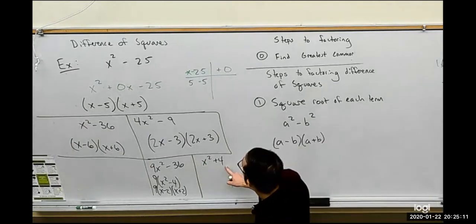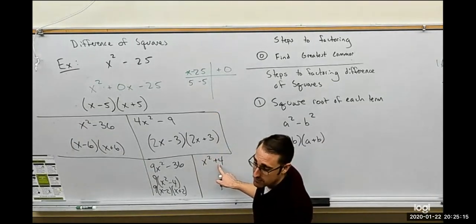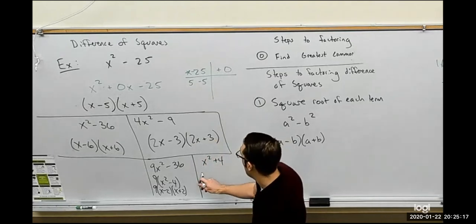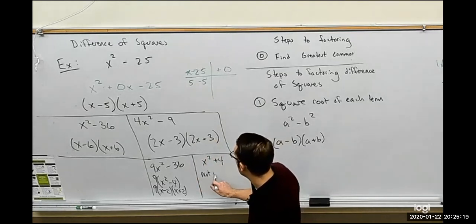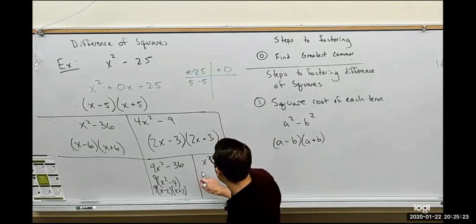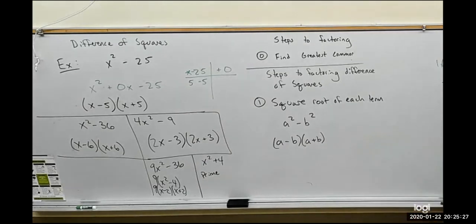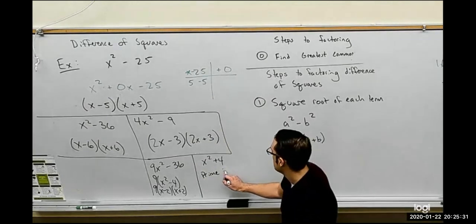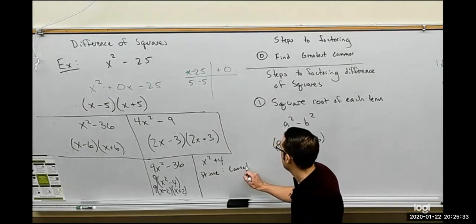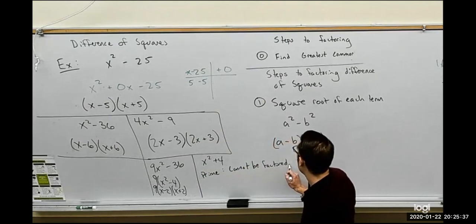This doesn't factor because they're either both positive or both negative, which means the middle will never go away. But I think what I just said is put prime on your homework. What's prime mean? Prime means it cannot be factored.